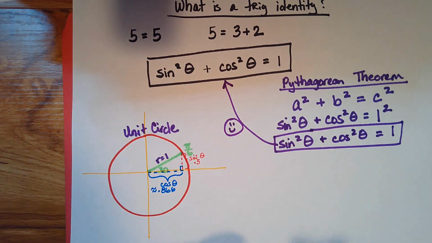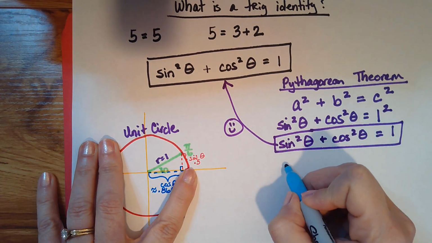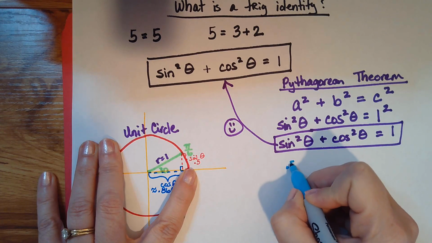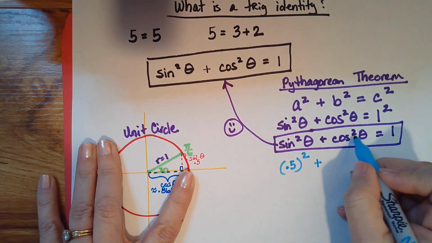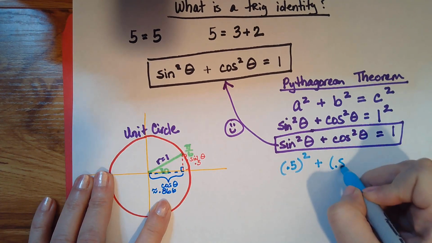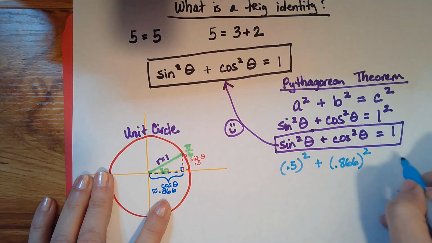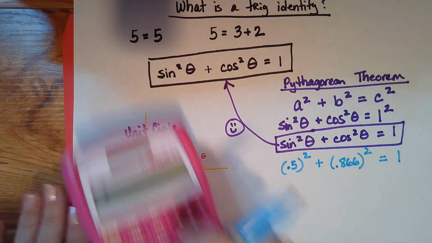Now, let's put some actual numbers in there and see if we believe that this is true. So sine squared theta is going to be 0.5 squared, and our cosine theta is 0.866, so we will square that. And let's do the math and see if it works out.